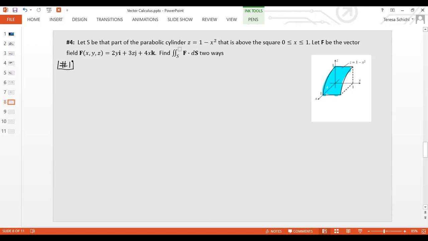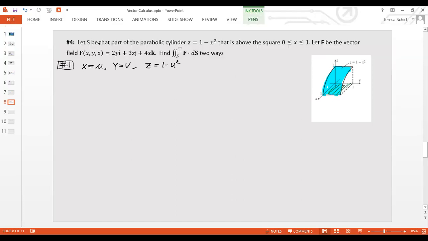Let x = u and y = v. This turns out pretty good. Then z = 1 - u². The reason I choose this is that I know this is in the boundary, so the region D is here. You see that?